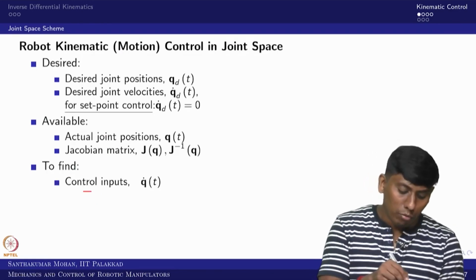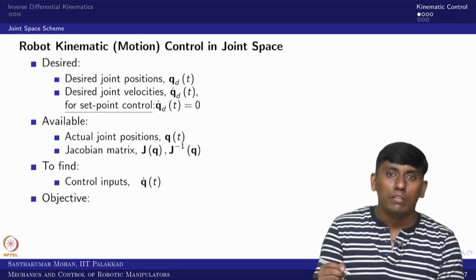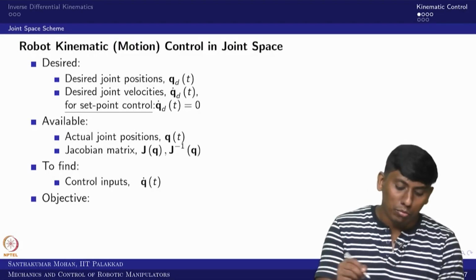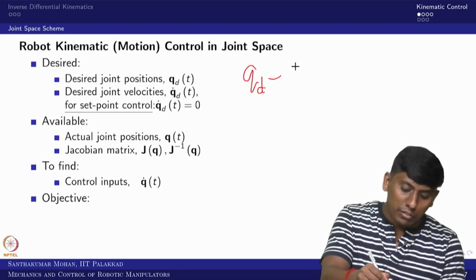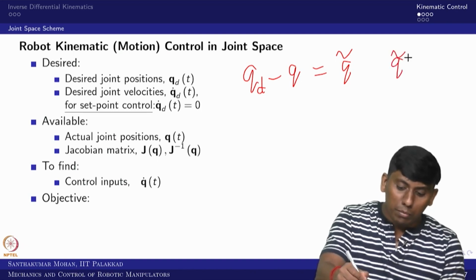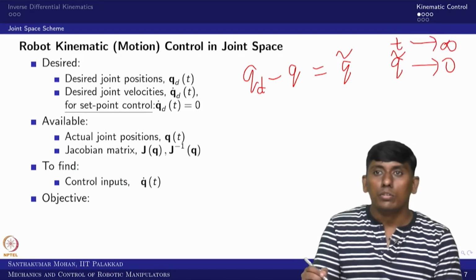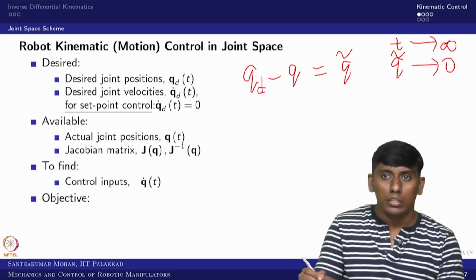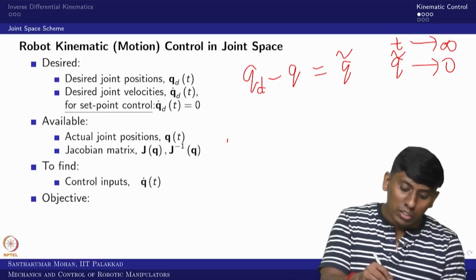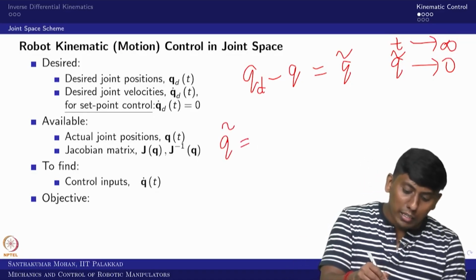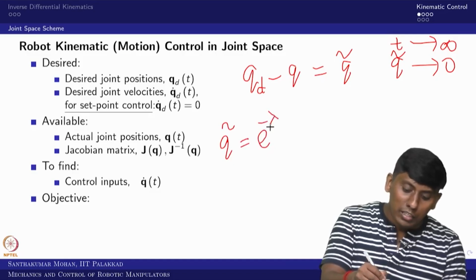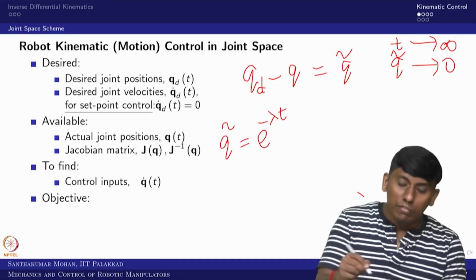For that, we are trying to use an objective where q desired minus q, which I call q tilde, is supposed to go to 0 when t tends to infinity. So this is my objective. If I assume this is the objective, what I can choose for q tilde is something like an exponential, some positive constant with t.